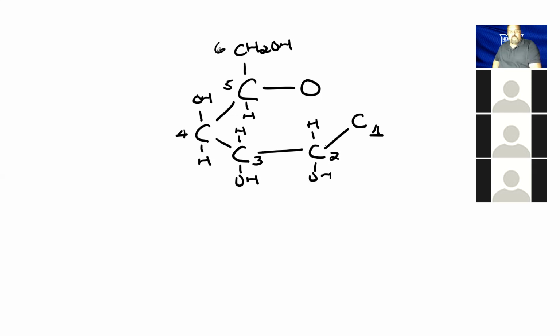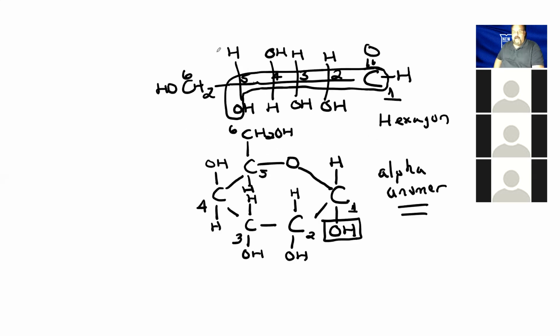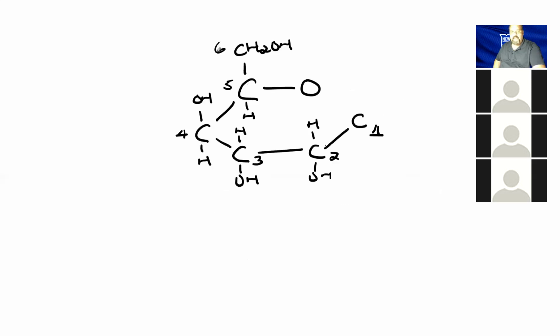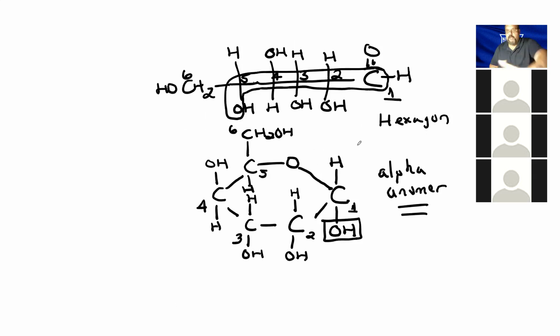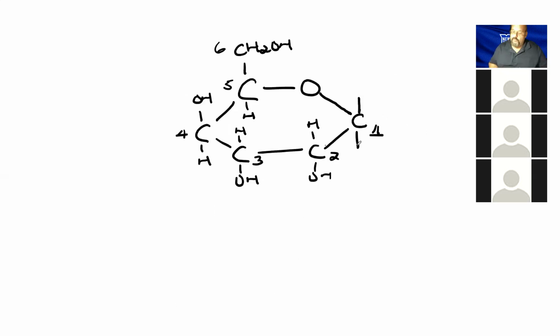So if you go back, I'll just look back for a second, if you look at the alpha anomer, I just basically almost copied exactly what we just did. Because the only difference now to draw the beta anomer is when I bond the oxygen on the last chiral carbon, carbon 5, to the former C double bond O carbon, which is still carbon number 1. The other possible direction, the OH, the C double bond O oxygen becomes OH. The other direction that OH group could be going is up.